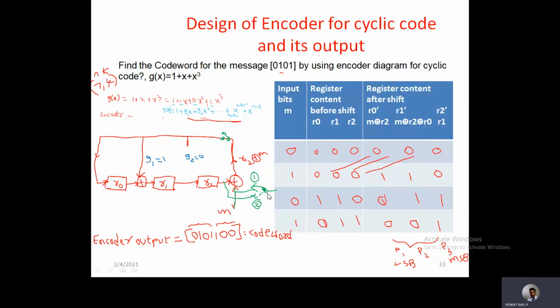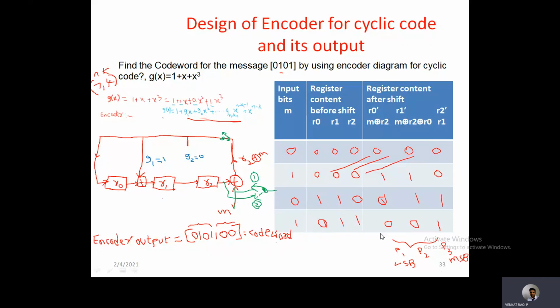Then the output will be taken from this last stage, so the last flip-flop content will come first, then the R1 content second, and then the R0 content after that. That's why we need to write these bits in a reverse way. Let us consider this is LSB and MSB, so the first message bits will come as they are in the form of the code word, that is 0101 will come directly.